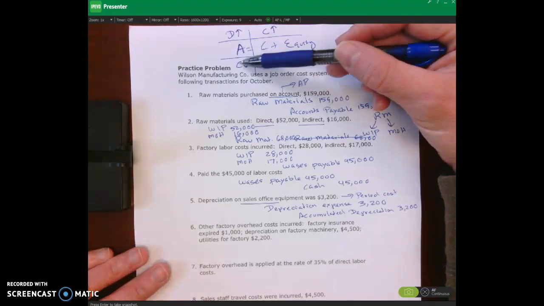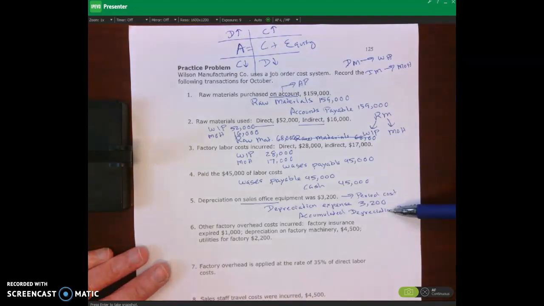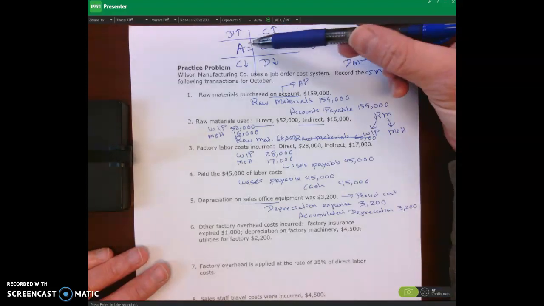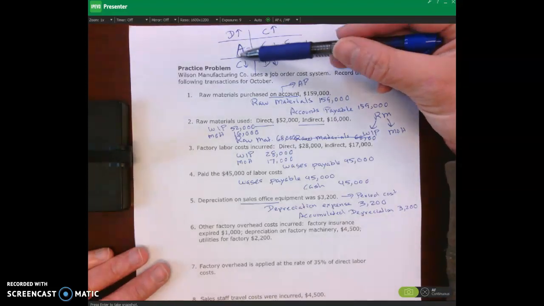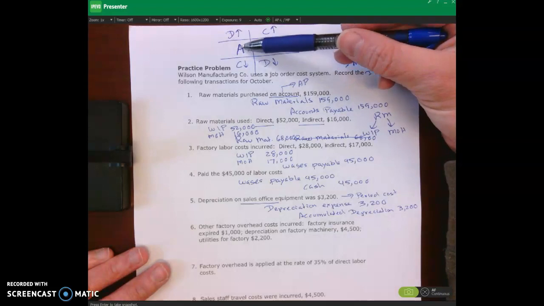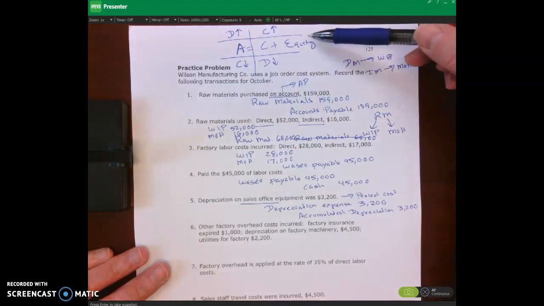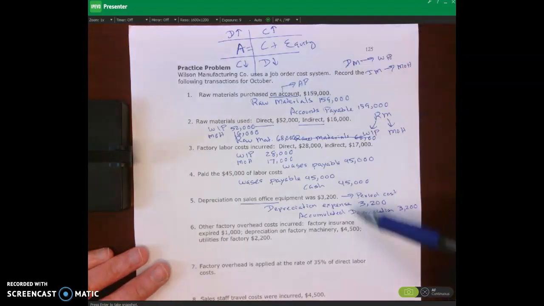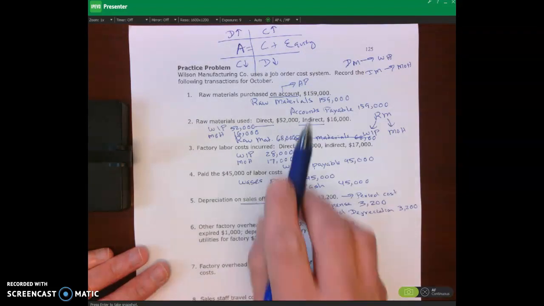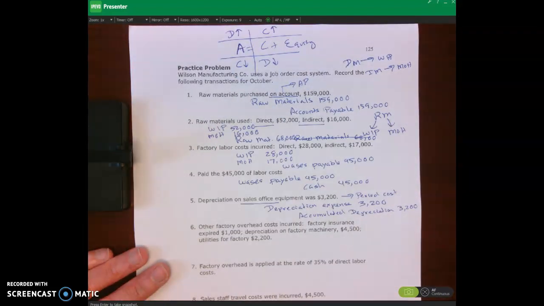Remember, the way to calculate book value is asset cost minus accumulated depreciation. So as accumulated depreciation goes up, you're subtracting a bigger number from the asset cost, which decreases the book value of your assets. So the book value of our assets goes down and equity goes down because expenses went up, and the accounting equation stays in balance.